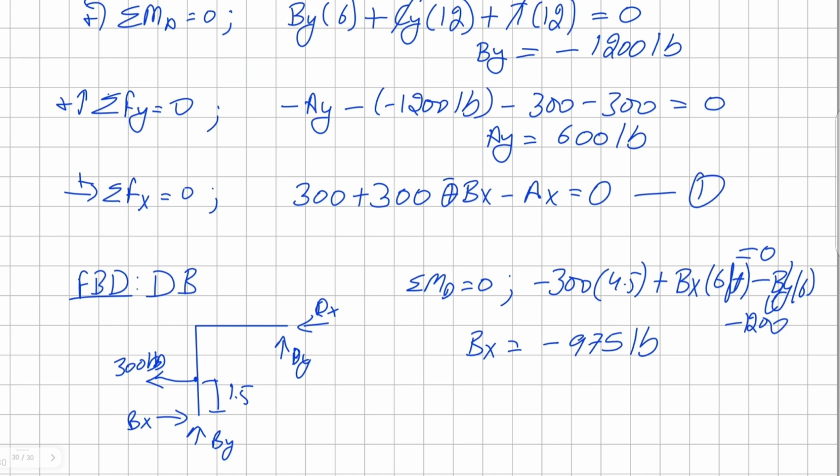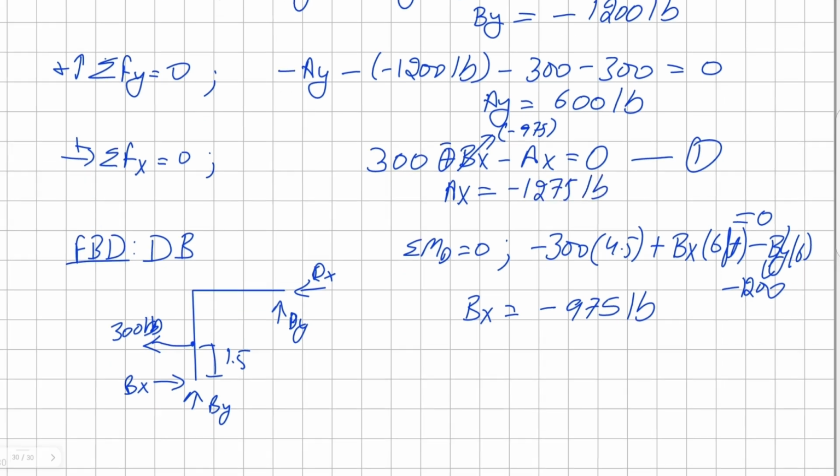Before we move forward with DB, let's go real quick to our equation 1 and plug in the value of Bx as negative 975. We get our horizontal component as negative 1275 pounds.